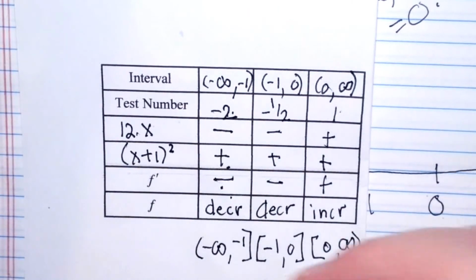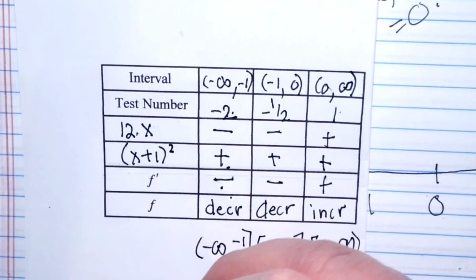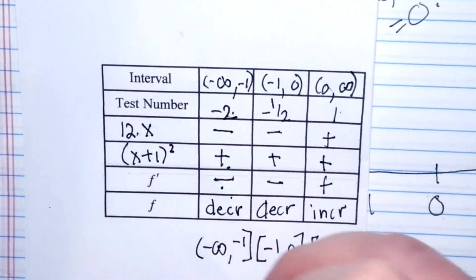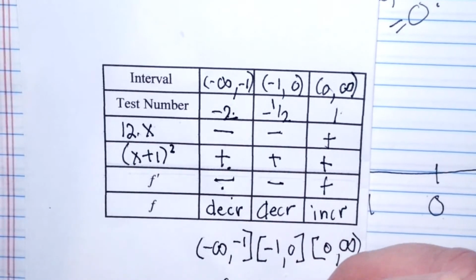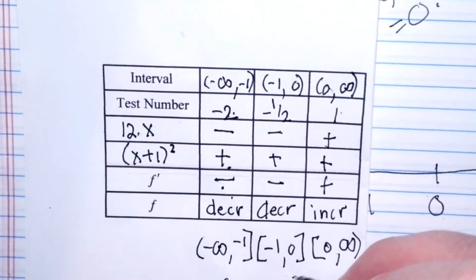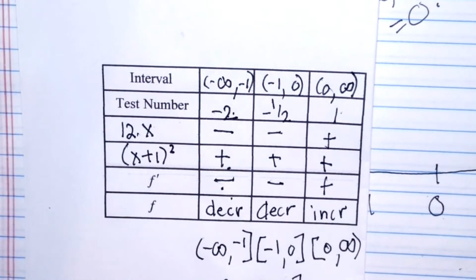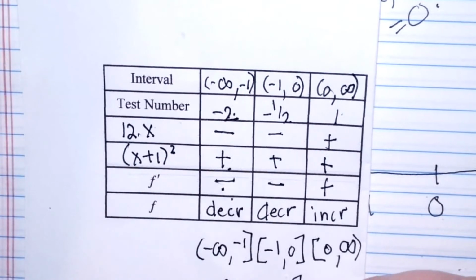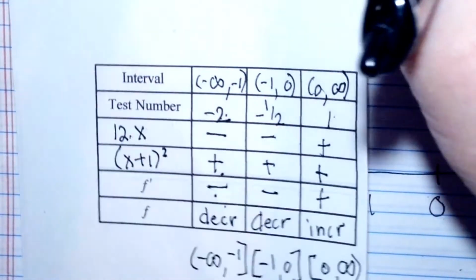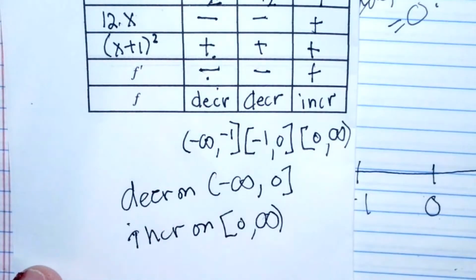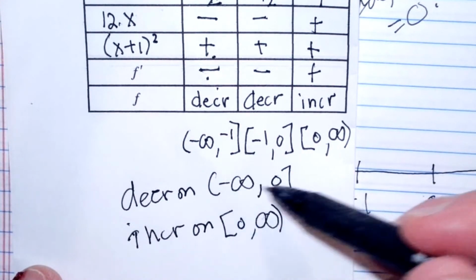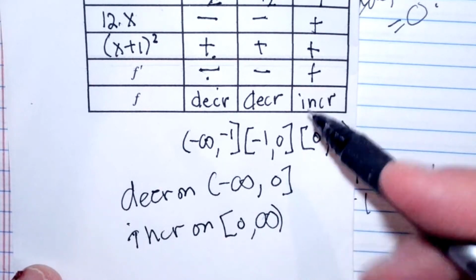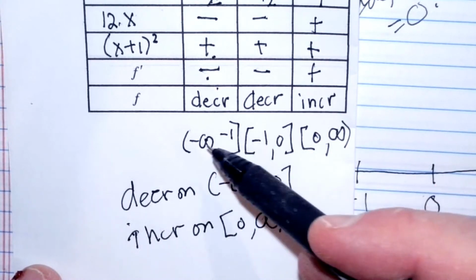What we can do is combine that and say that the function is decreasing on the interval from negative infinity to 0, and then it's increasing on the interval from 0 to infinity. Now, if you don't like the idea of combining these into a single interval, I'm okay with you leaving them as two separate intervals.